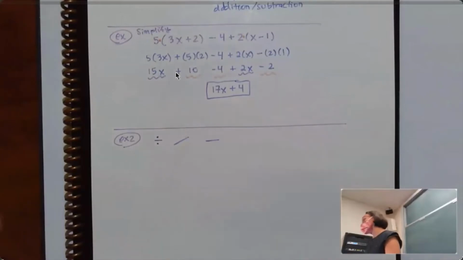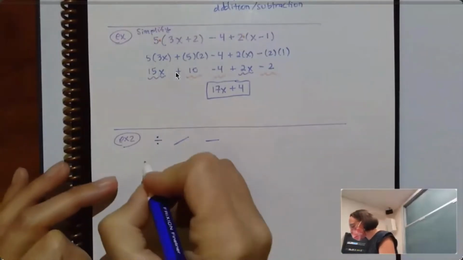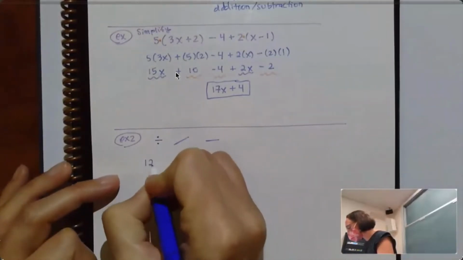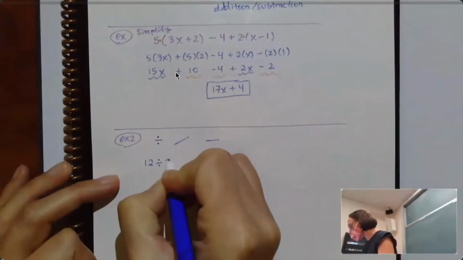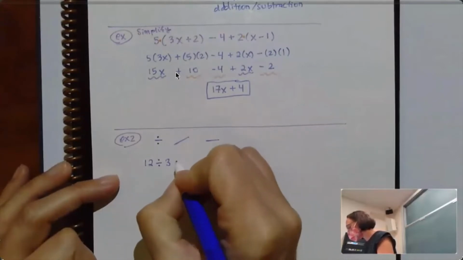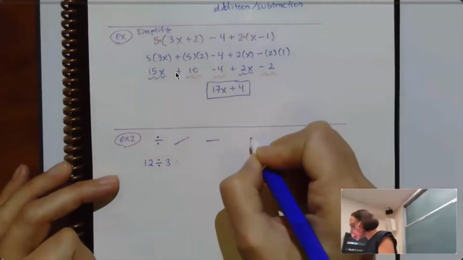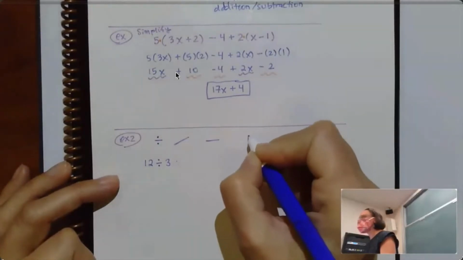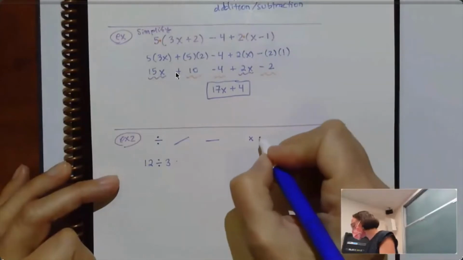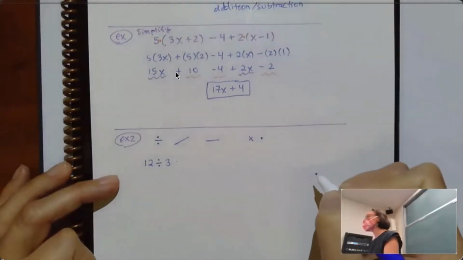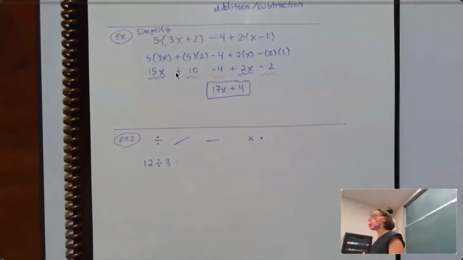But just in terms of order of operations, if I were to write something like 12 divided by 3, also, we tend to ditch the x for multiplication and replace it with a dot in calculus because we use x as a variable so often. We don't want it to get confused with multiplication.